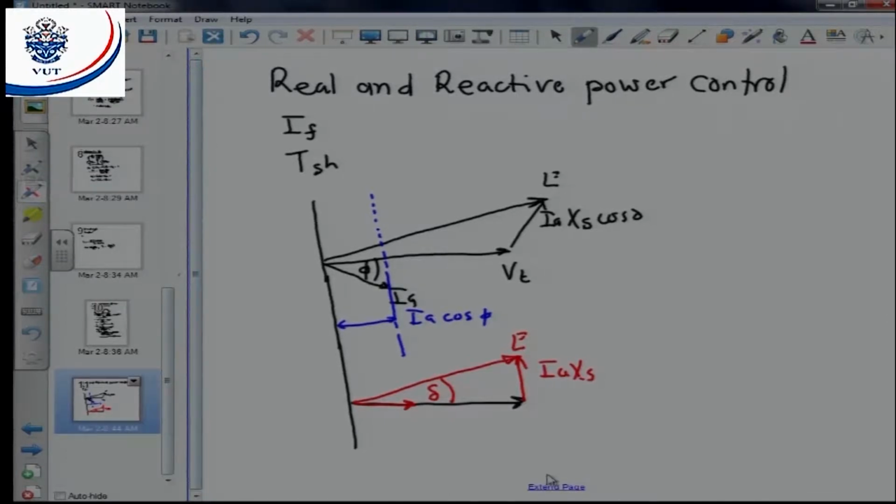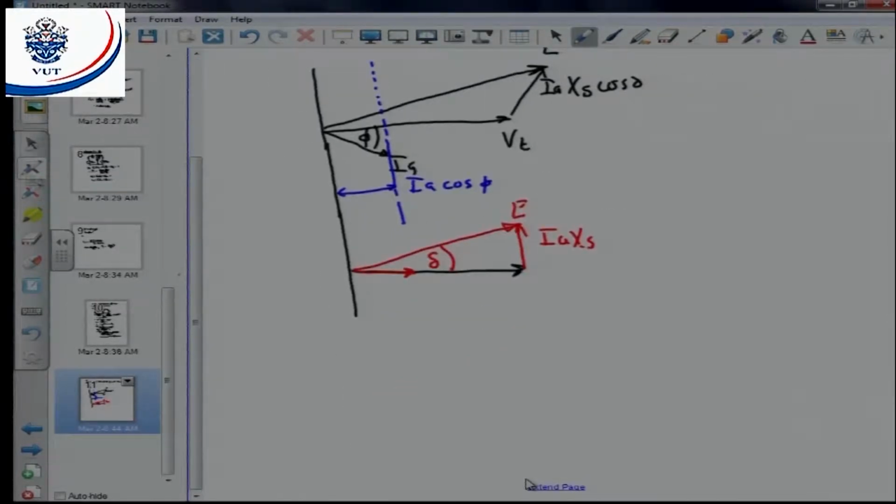We can now also change to a leading power factor. So that the current now lies there with the leading power factor phi. IA XS is going to be that way, and the induced EMF will be there.